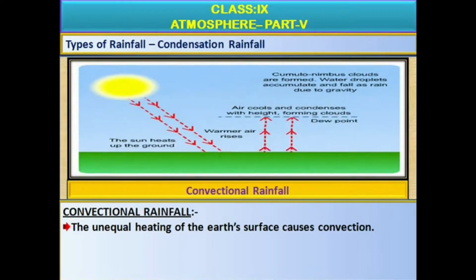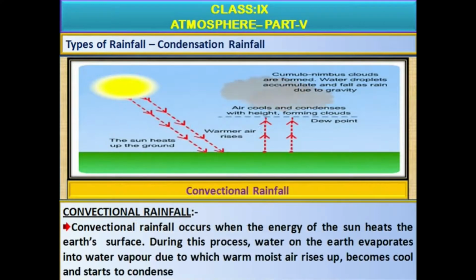The unequal heating of the Earth's surface causes convection. Convectional rainfall occurs when the energy of the sun heats the Earth's surface. During this process, water on the Earth evaporates into water vapor, due to which warm, moist air rises up, becomes cool, and starts to condense.